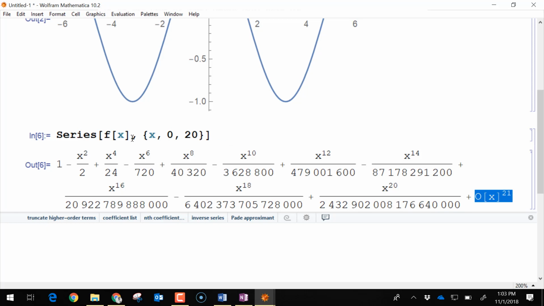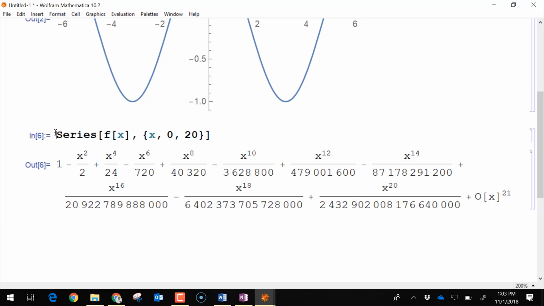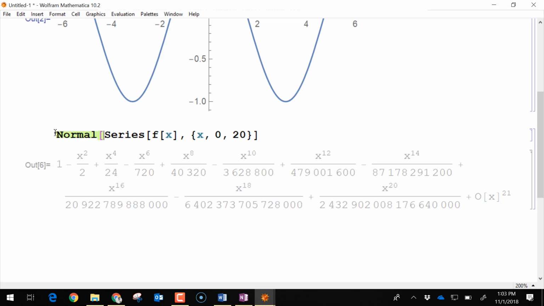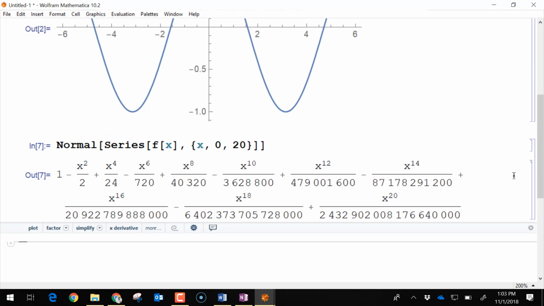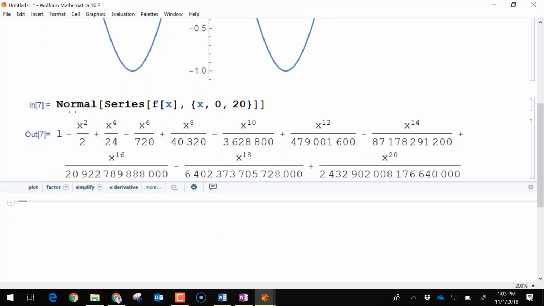So what's interesting about this is that if we, let's see, I think you do normal to get rid of that O term. So you can graph these things.